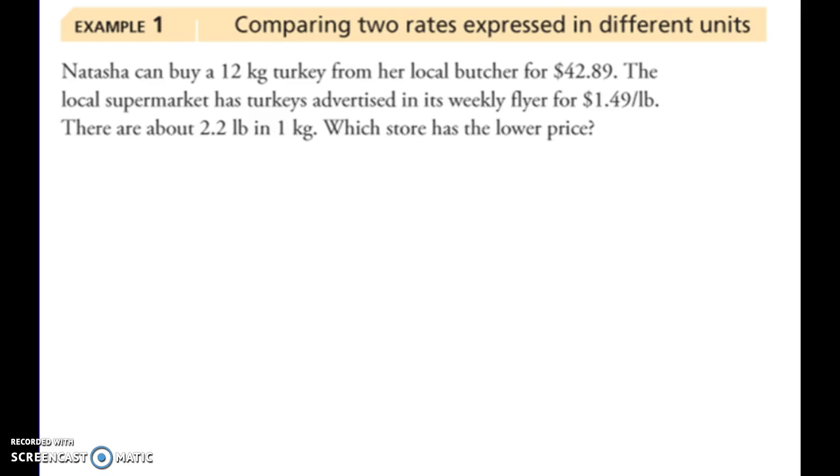So we need to decide whether we're giving our answer in pounds or kilograms, because in order to compare rates, you should be using the same units, so pounds or kilograms. So if I look at $42.89, and that is for 12 kilograms, if I divide it by 12, that gives me the unit rate.